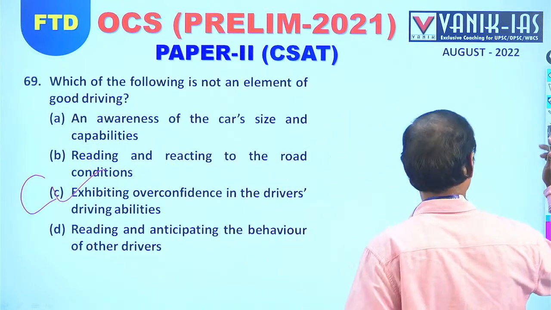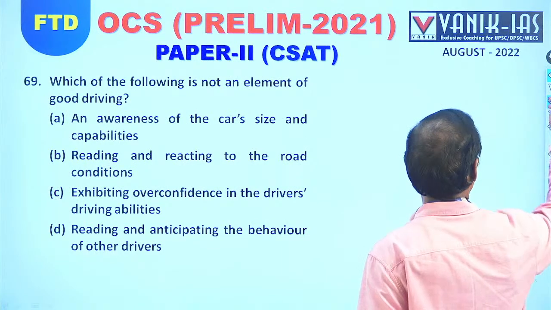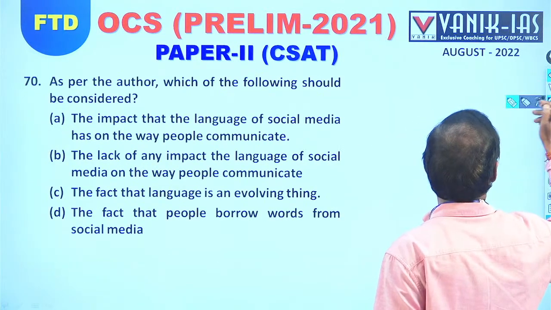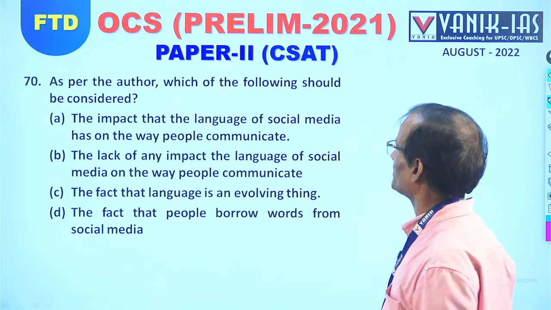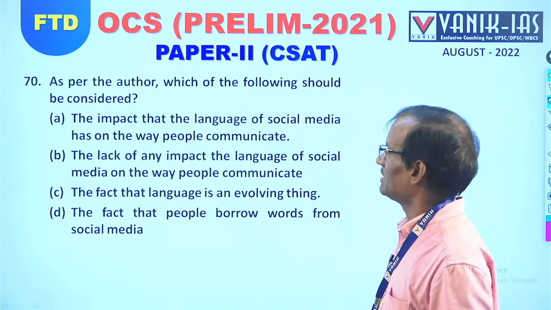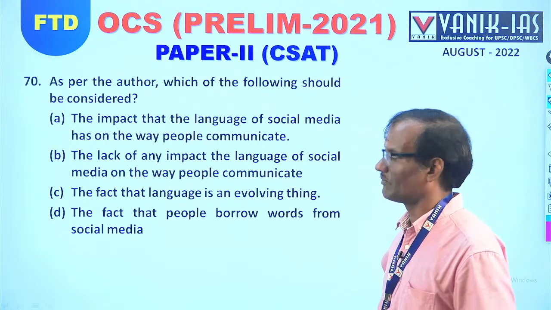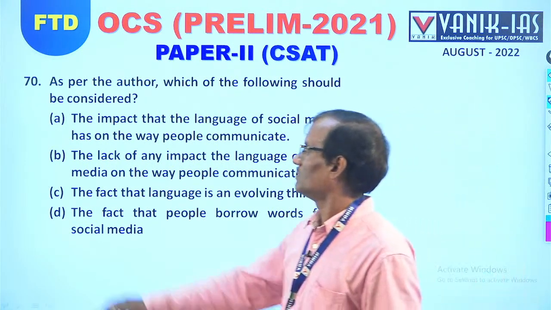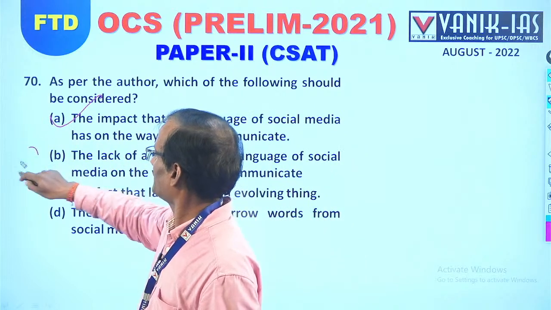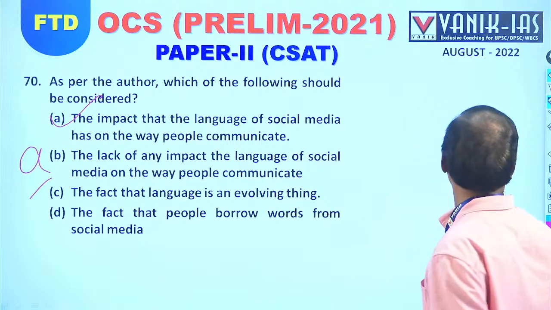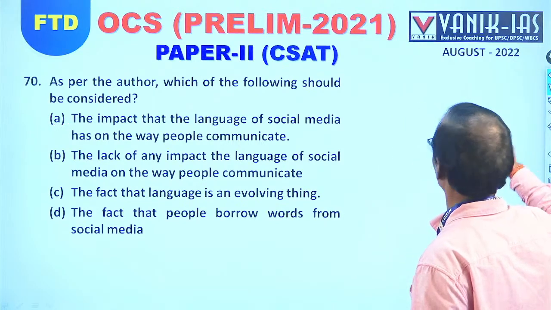70. Question number 70. As per the author, which of the following should be considered? The impact that language of social media has on the way people communicate, that should be the answer. So that is A, as per the author. Next, 71.